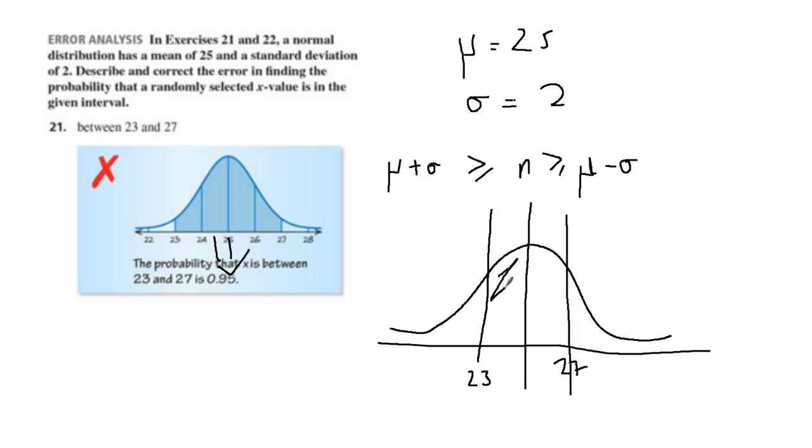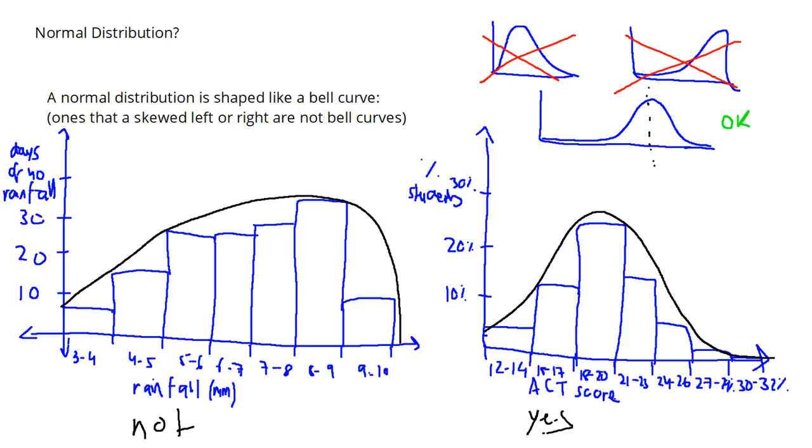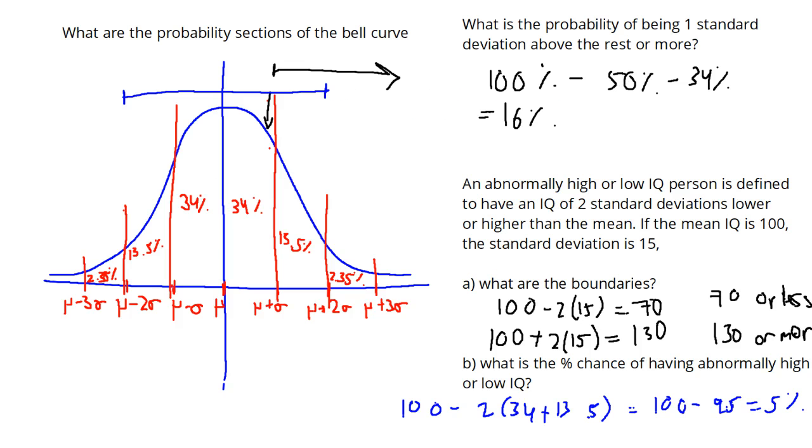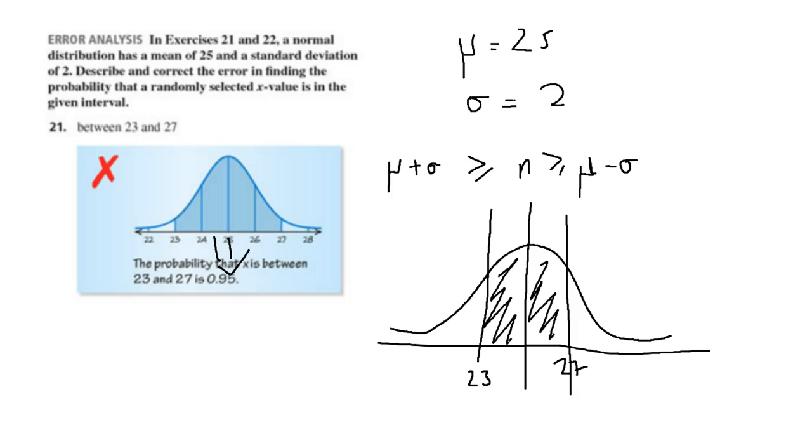So we want to find the area of these first two lobes, and if you look at a few slides before, that would be equal to 34 and 34. So that's 34 plus 34, which is 68%, which is 0.68 and not 0.95.